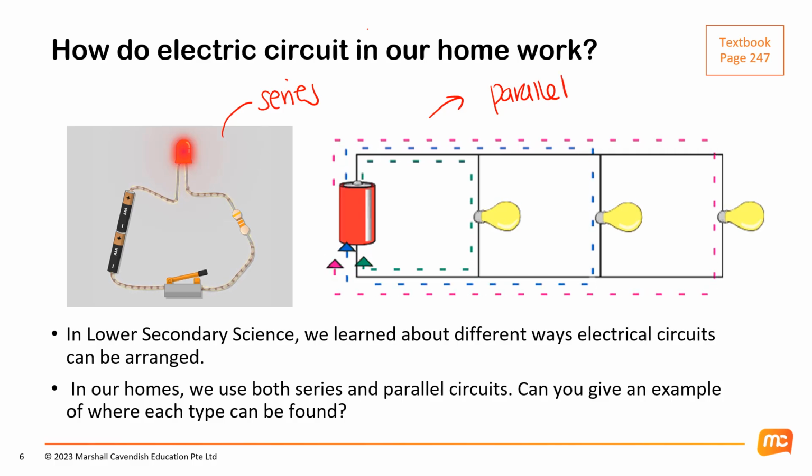So if you take a look closely at how the currents are flowing, let's say for the series circuit, when the switch is open, take note that the electrons within the circuit are already present. Just that when the switch is open, the electrons are stationary.